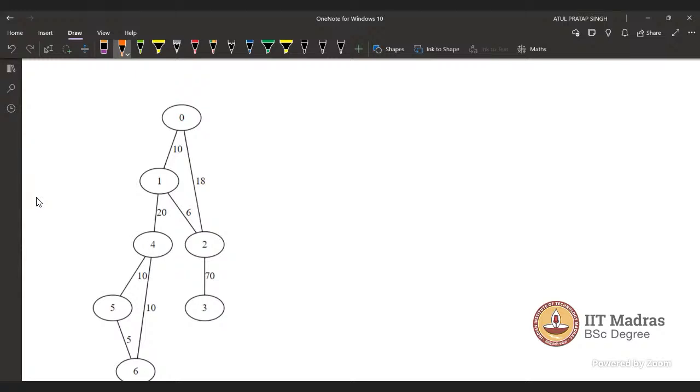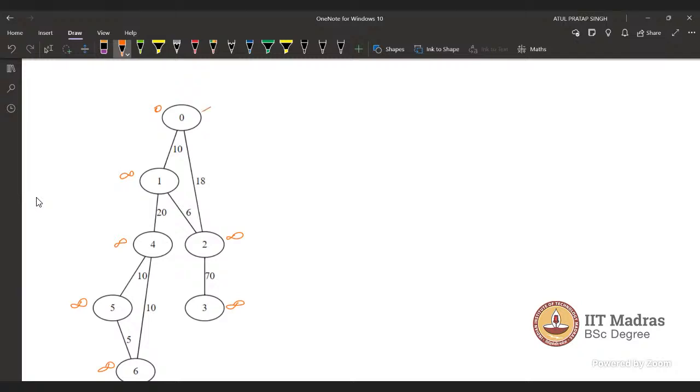After selecting, for example, if we are starting from 0, we will mention that the distance is 0, and the rest infinite. So I am applying Prim's algorithm here. When we start from any node, we initialize the distance for that node as 0 and the remaining as infinite.